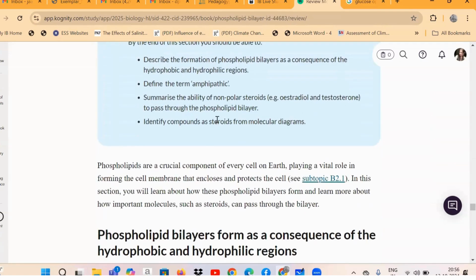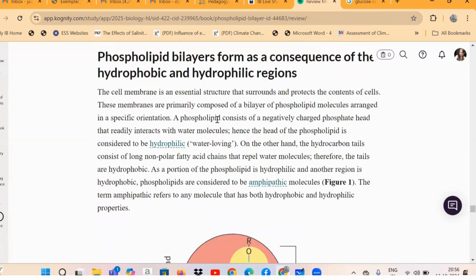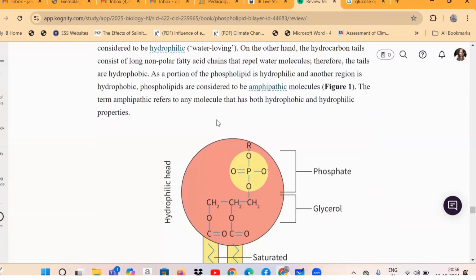The next one is the phospholipid bilayer. We have already discussed that it is amphipathic in nature: a hydrophilic phosphate head and a hydrophobic lipid tail. Why is it called a bilayer? Because the molecules face opposite each other, with two heads on the outside and the tails in the middle.